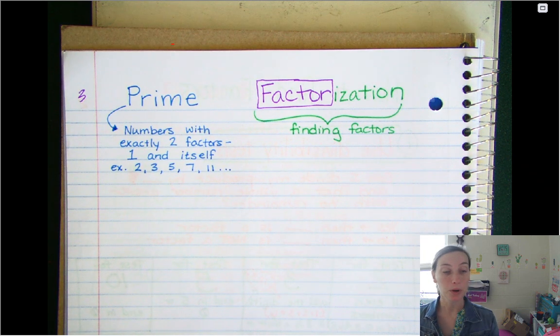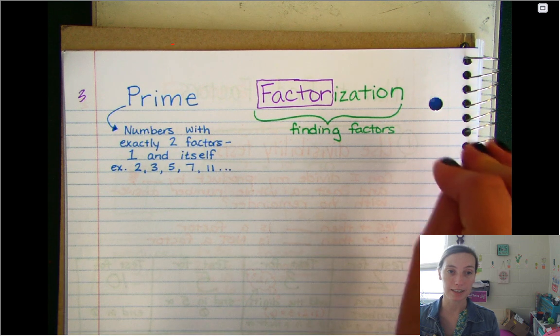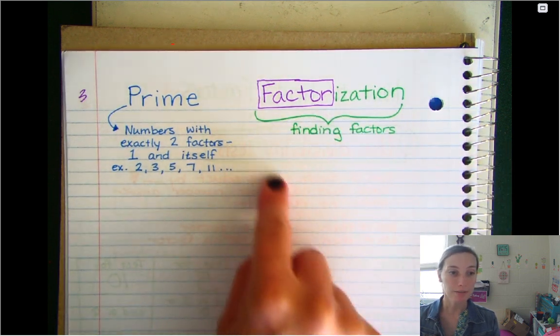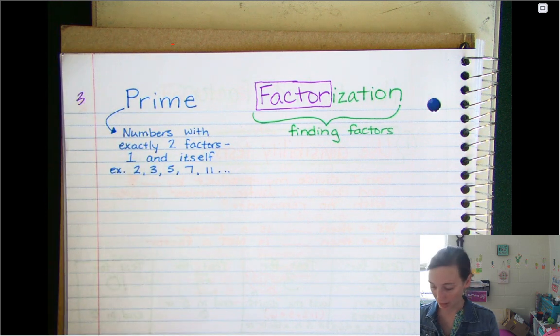Those are prime numbers. So when we're doing prime factorization, we're finding factors, but we're specifically focused on finding prime factors.